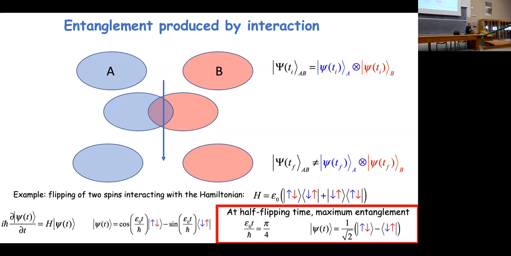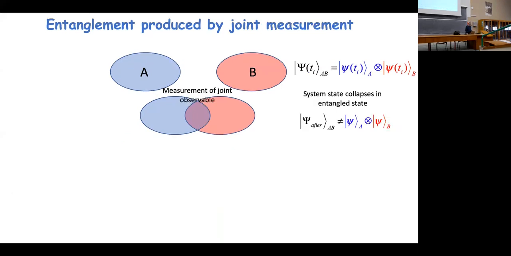And at half flipping time, the system is again in a superposition. So you can prepare, starting with a situation like that, after some time, a superposition state between the two. And if you wait twice this time, the system disentangles again, and you have a succession of entanglement and disentanglement as time goes on. So this is entanglement due to interaction. But you can also have entanglement due to measurement.